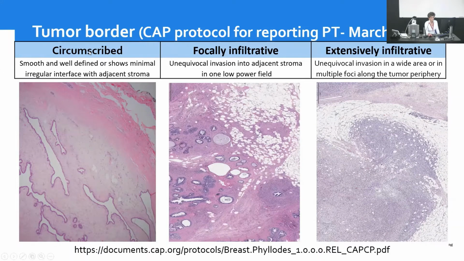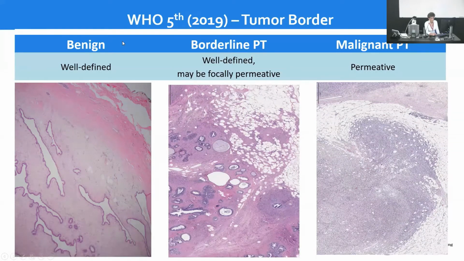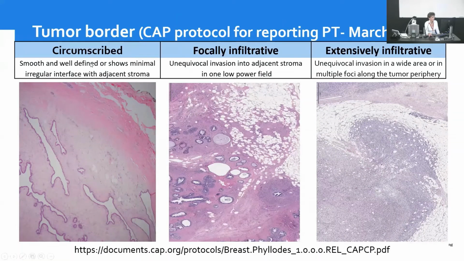They call the benign, well-defined one circumscribed, with a very smooth and well-defined margin and minimal irregular interface with the adjacent stroma. I don't know if you notice here, there are some adipocytes embedded in the tumor. So this is minimal infiltration, very, very focal.